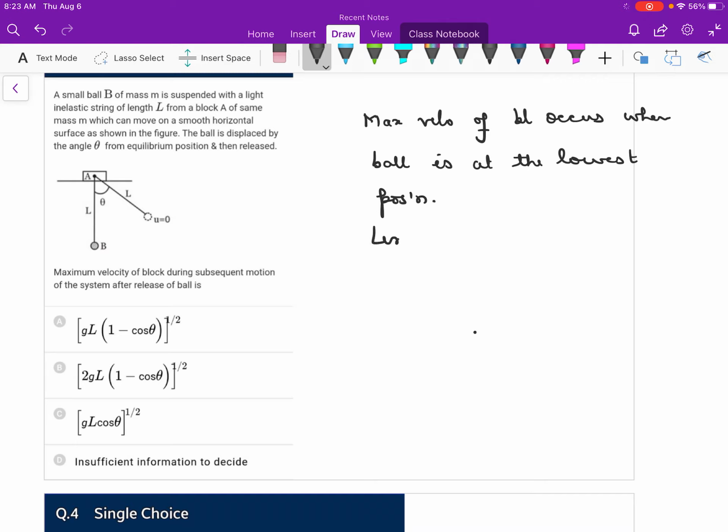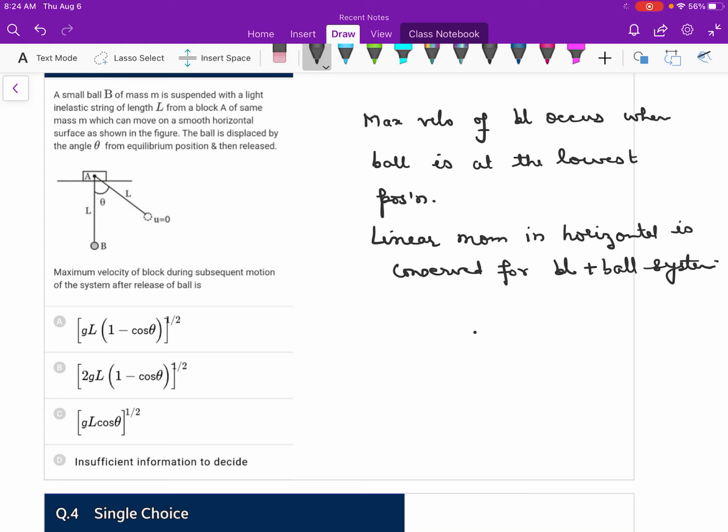So linear momentum in horizontal is conserved for block plus ball system.